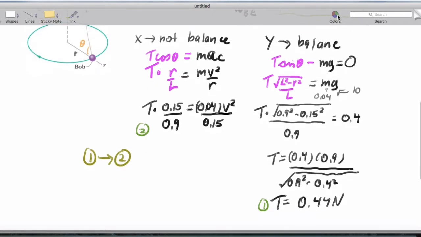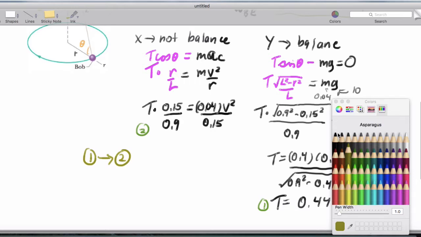And we're going to end up getting here 0.44 times 0.15 divided by 0.9. I need to bring the other 0.15 to this side, and I'm going to divide by 0.04, and that's going to give me V squared.